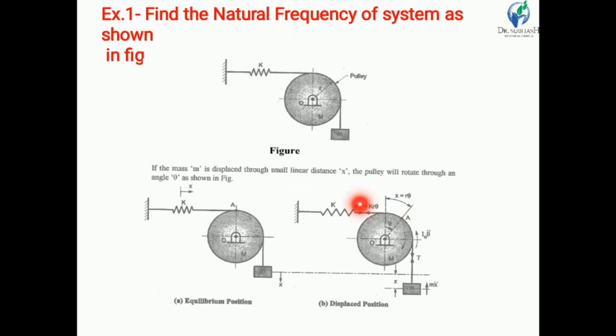There are two external torques. One is because of the spring force Kx, and another is because of the tension. The tension T into r is a torque acting in the downward direction.